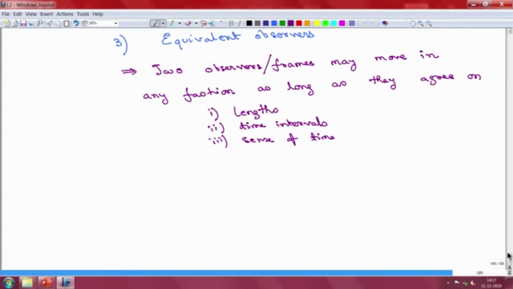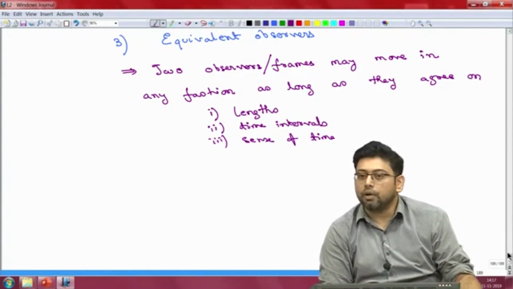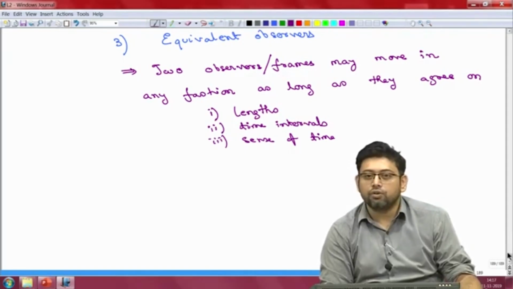So, two observers may move in any fashion as long as they agree on lengths, time intervals and sense of time. The third point is also very important.